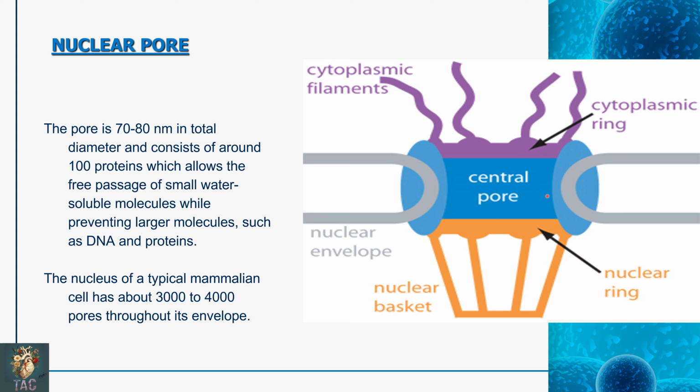Again, in this diagram you can see the inner leaflet and the outer leaflet of the nuclear envelope. Here they fuse, and in the center you can see the nuclear pore complex, which is formed by the cytoplasmic ring, the nuclear baskets, and the cytoplasmic filaments. So these are the different parts of the nuclear pore proteins which form the nuclear pore complex.